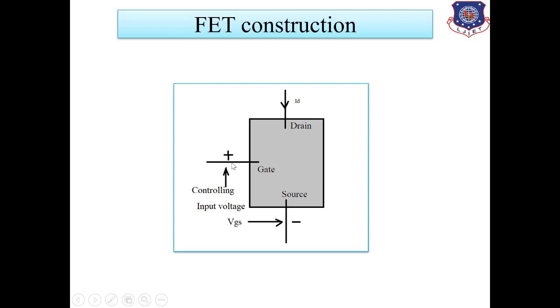See, here plus and here minus. External voltage source is applied and that external voltage source is named as VGS. This VGS is known as controlling input voltage. And this is drain current. ID will be controlled by this input external controlling voltage.